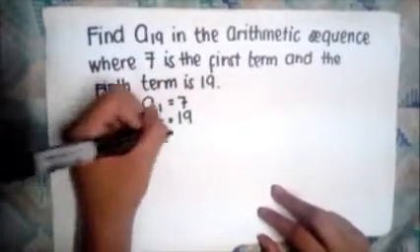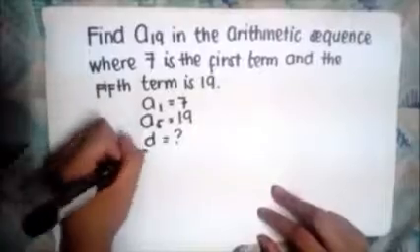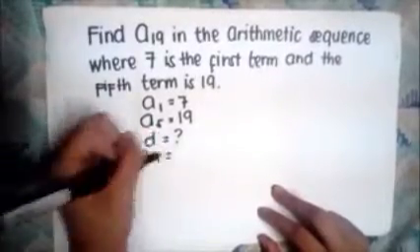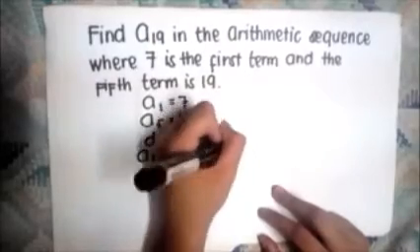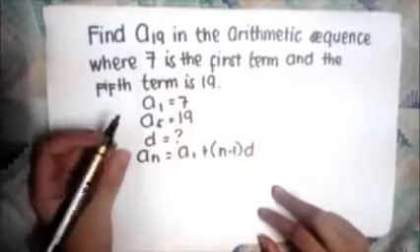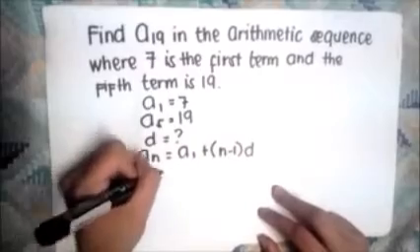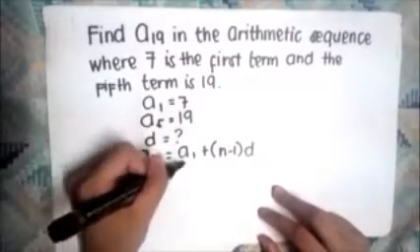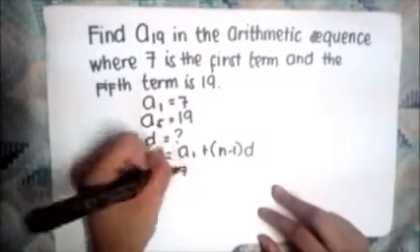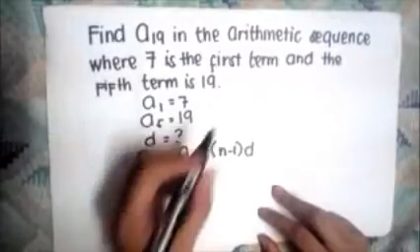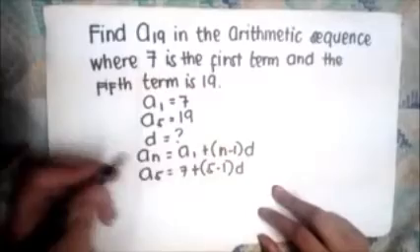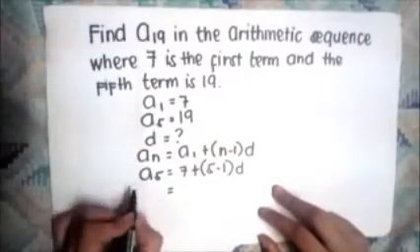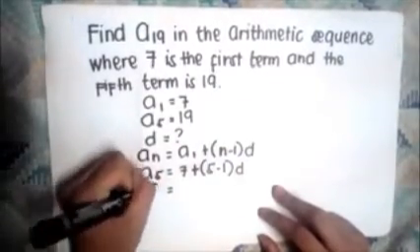We're finding d, so we use a sub n is equal to a sub 1 plus n minus 1 times d. We have a sub 5 is equal to a sub 1, which is 7, plus 5 minus 1 times d. So we have the value of a sub 5, which is 19.